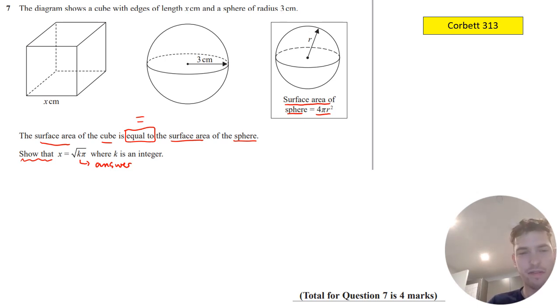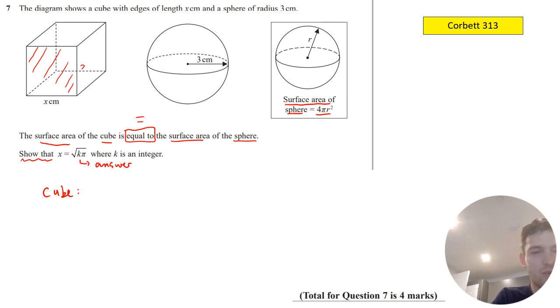Well, let's start off by figuring out an expression for the surface area of the cube and the surface area of the sphere. So let's think about the cube. How do I find the surface area of a cube? Well, it's the area of all the faces. What's the area of one of the faces?